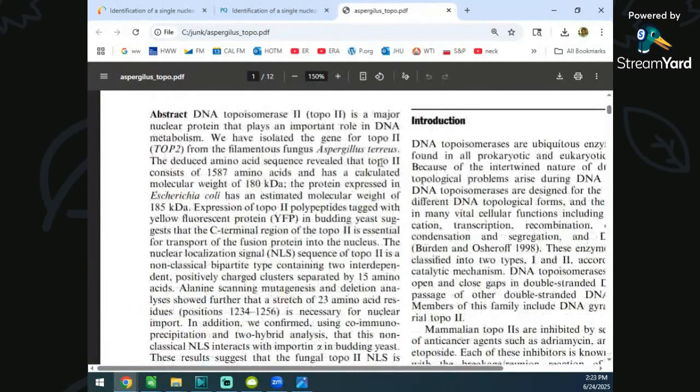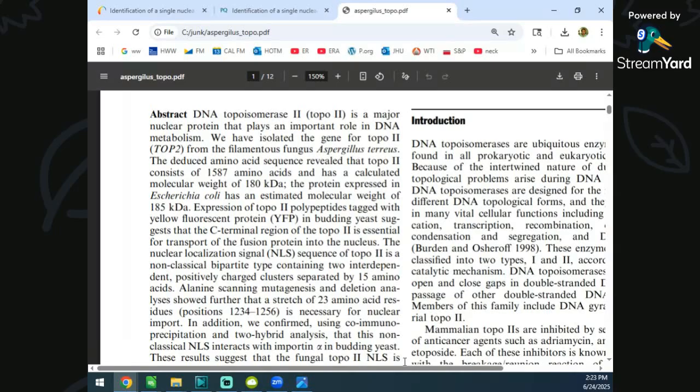All right. I'm going to have you read several sentences. Can you see it clear enough to read here? Yeah. You want me to read till about the bottom? Okay. DNA topoisomerase 2 is a major nuclear protein that plays an important role in DNA metabolism. We have isolated the gene for topo2 from the filamentous fungus Aspergillus terreus. Hopefully, I pronounced that right.